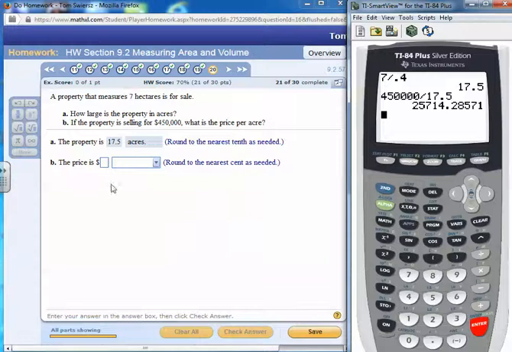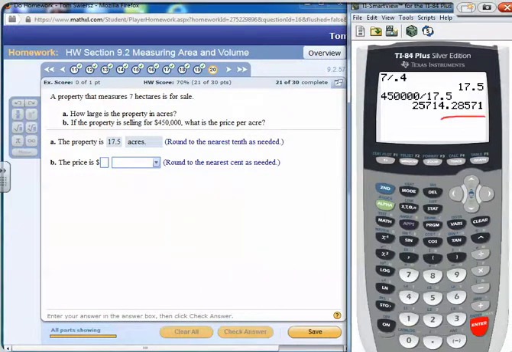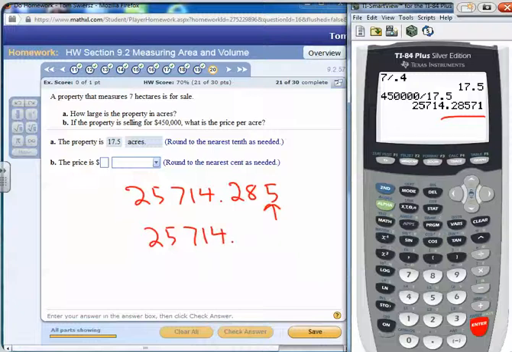That's an expensive property. 25,714.285. So to the nearest cent is 2 decimals. The third decimal is a 5, so that means we're going to add 1 to the second decimal, so $25,714.29 per acre, rounded to the nearest cent.